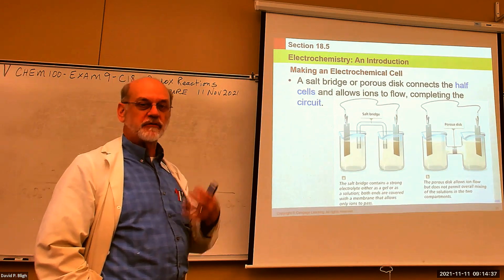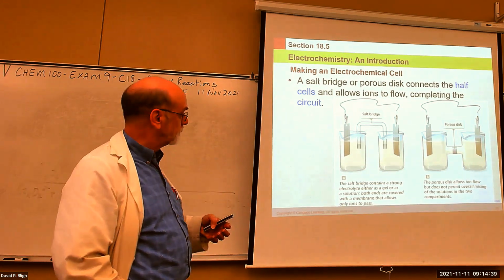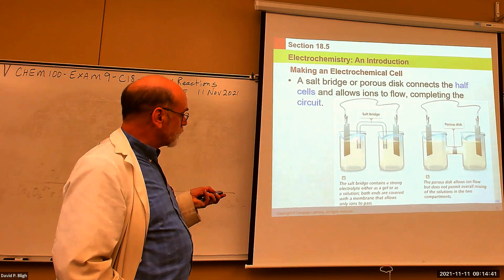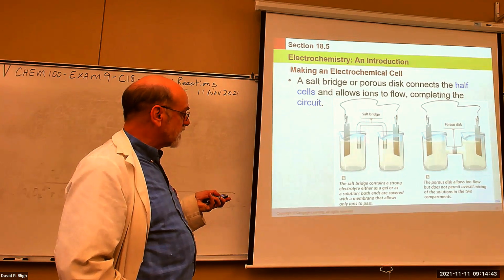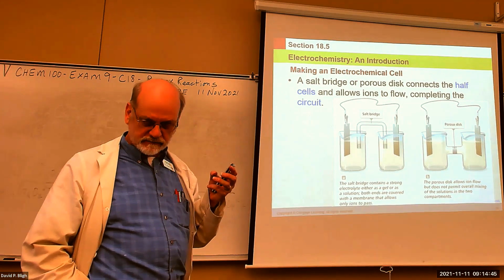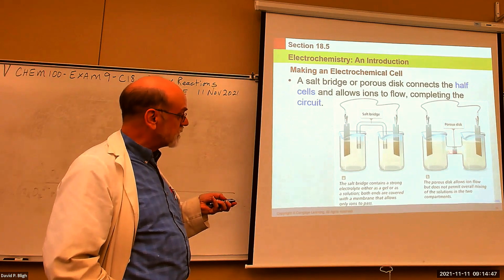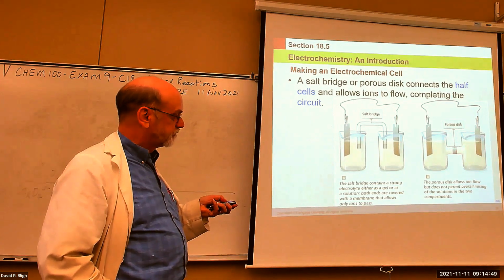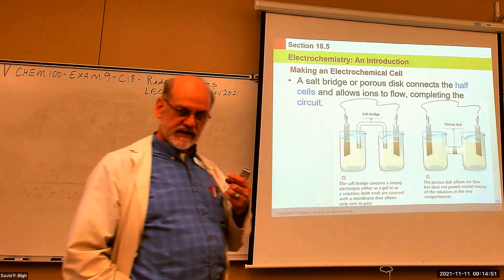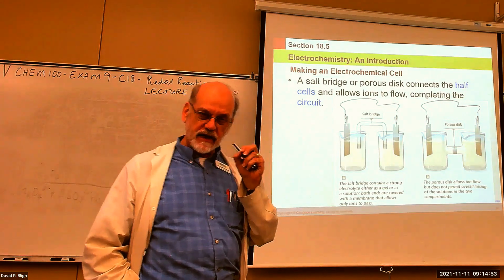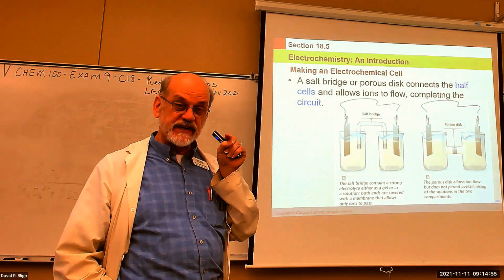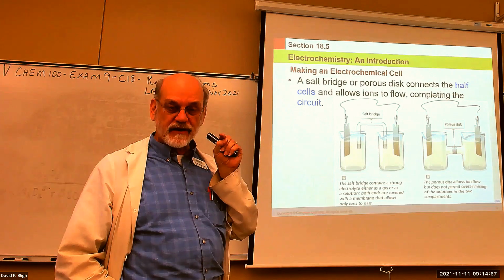In other words, movement of electrons through that wire. But it only occurs when you have this bridge in here, some connection, or the other option is a porous disk. What the porous disk does is allow enough space through the disk for ions to move.